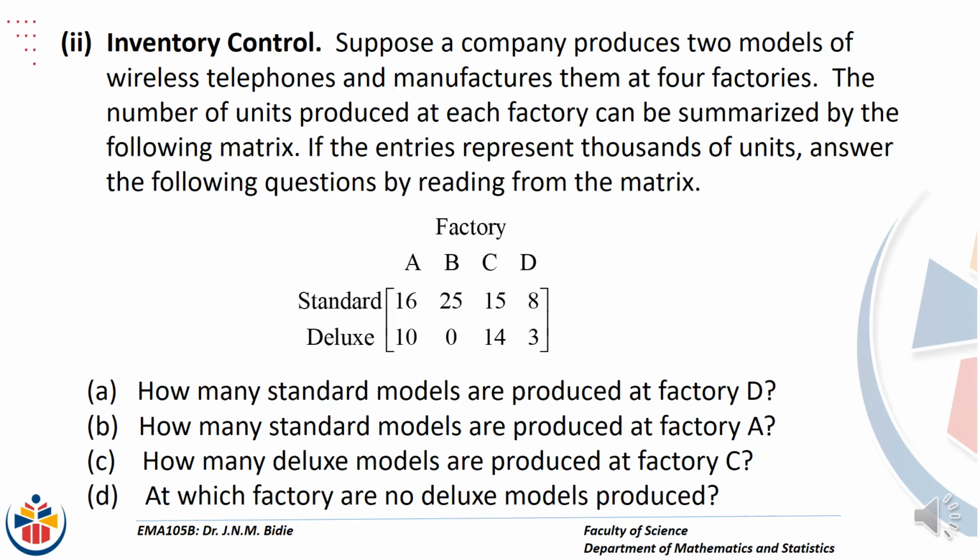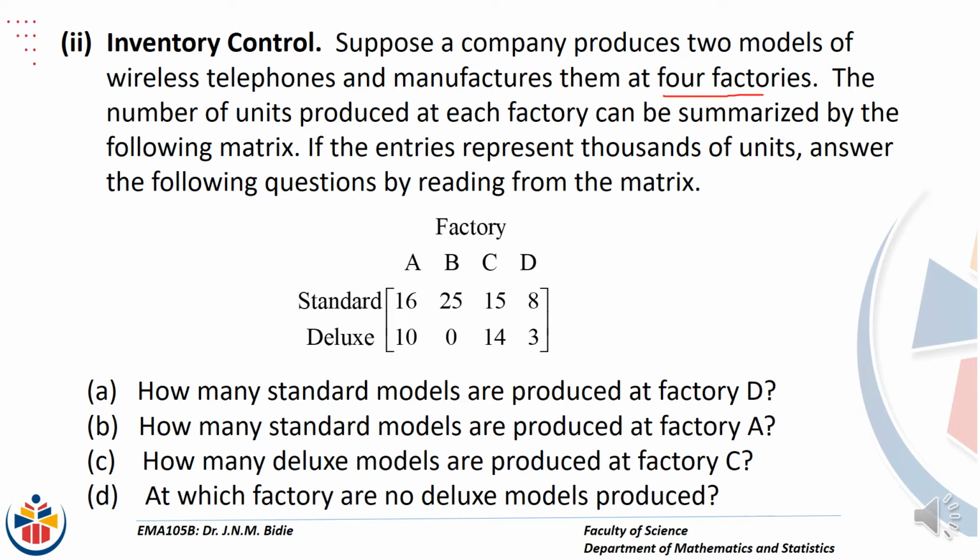Now let's look at number 2, which is an application. We're given the inventory control here. Suppose that we've got 2 models that are being produced by a particular company, and these 2 models are produced in 4 factories.